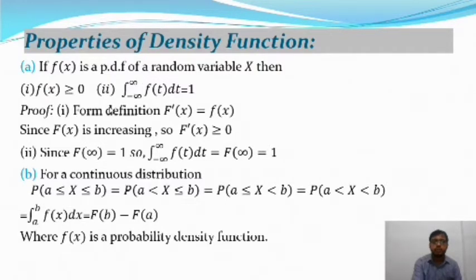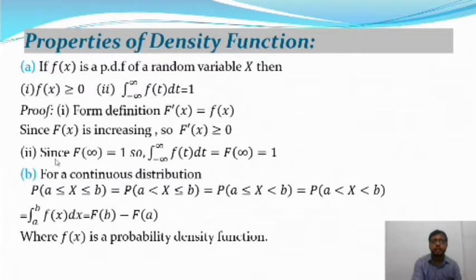Here is the proof of the first properties. From the definition of the continuous distribution, F'(x) is equal to f(x), where F'(x) is piecewise continuous in any interval. Since F(x) is an increasing function, F'(x) is greater than or equal to 0, that means f(x) is greater than or equal to 0.